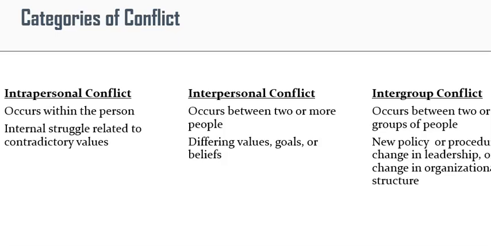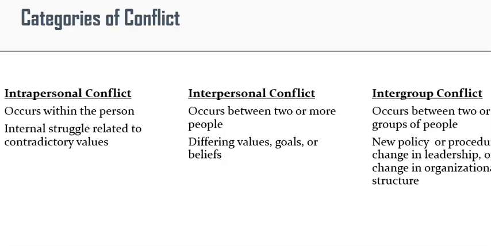An example is a new nurse who is given a client assignment that is heavier than those of other nurses, and when the new nurse asks for help, the help is denied. So that would be an interpersonal conflict.